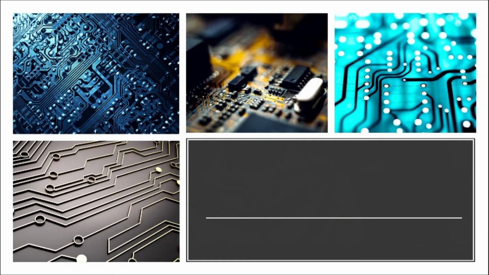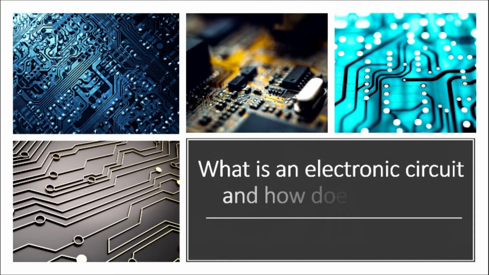But I realized that before I can show you how this electronic circuit works, I need to tell you what an electronic circuit is if you don't already know. An electronic circuit is a complete course for current to flow through in a controlled way.